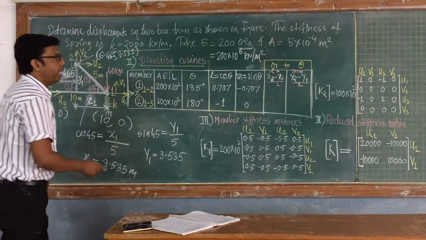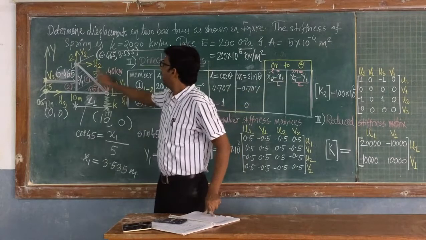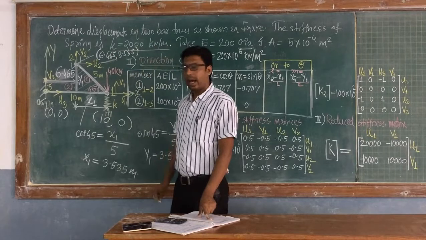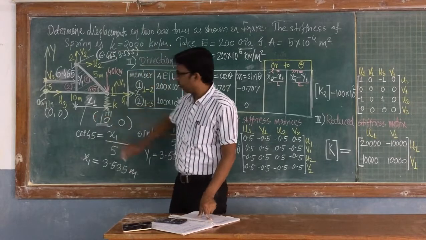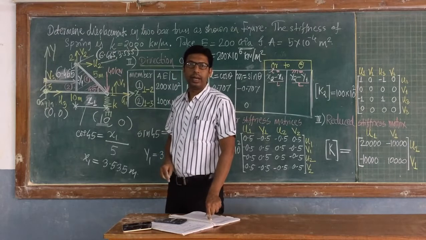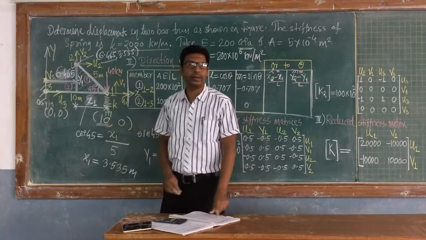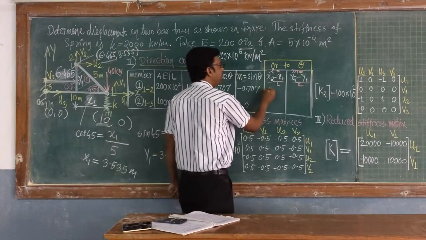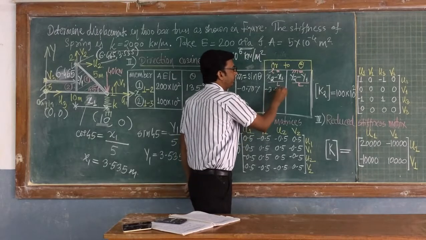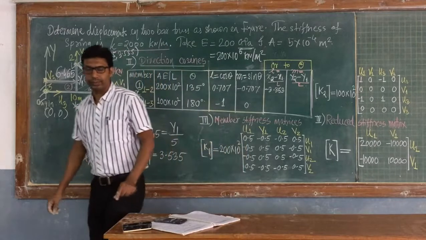So x2 minus x1: x2 is 6.465 and x1 is 10. So 6.465 minus 10 is minus 3.535.